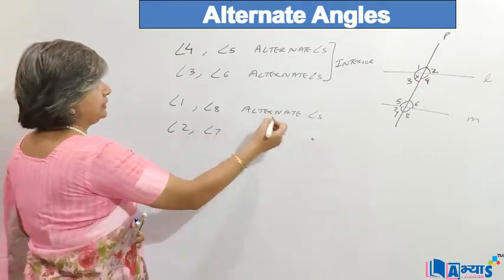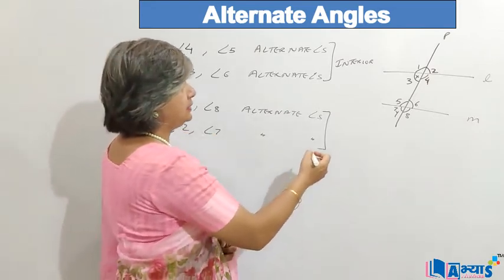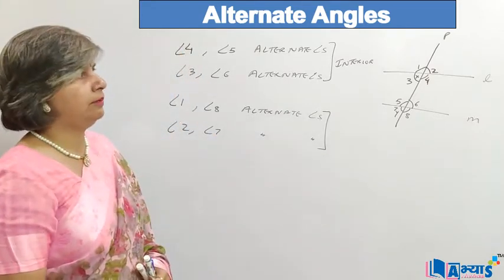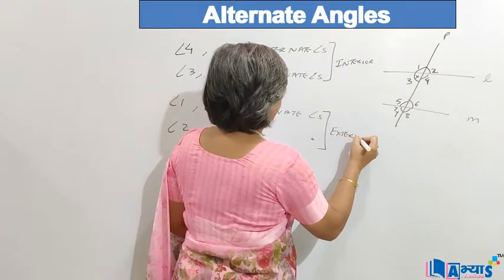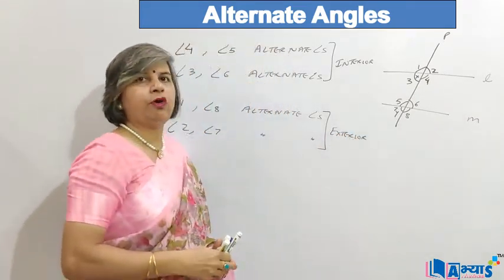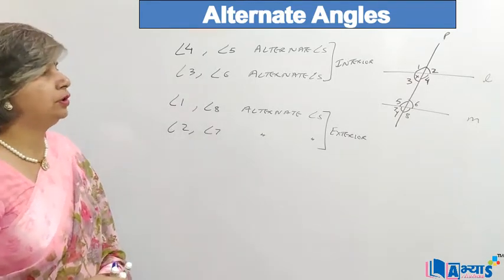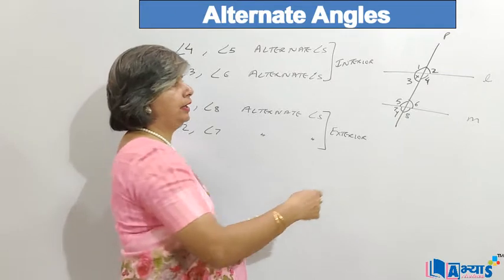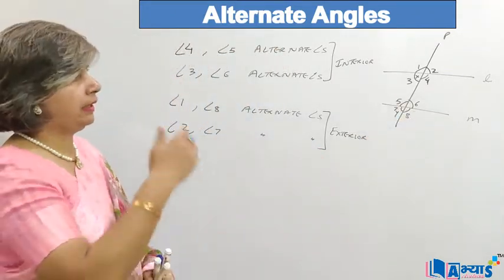Similarly, 1 and 8, and 2 and 7, are outside L and M, so they are called alternate exterior angles. So we have two pairs of alternate interior angles and two pairs of alternate exterior angles. Alternate interior angles are 4 and 5, 3 and 6, and alternate exterior angles are 1 and 8, 2 and 7.